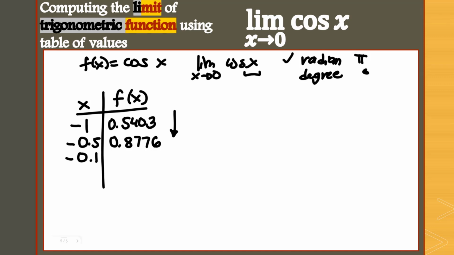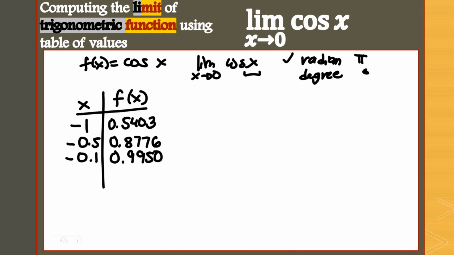So let us continue with the value of -0.1 as we get closer to 0. Plugging that in your calculator, you will have approximately 0.9950.